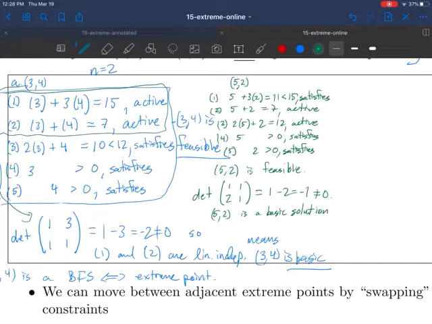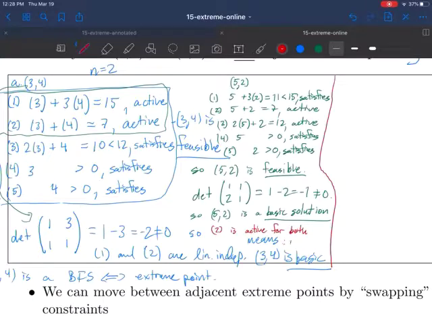Note that often we say a solution is basic, or we can say it is a basic solution. That means the same thing. And then the punchline here, put in red, and I'm going to separate it out so I have room, is that constraint 2 is active for both.